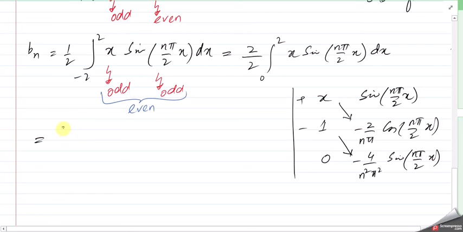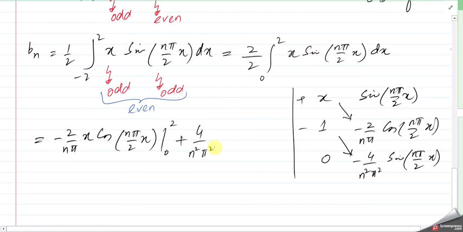So this is equal to, I'll write two terms separately, minus 2 over n pi, this is n pi x cos, 0 to 2, and the second one is plus 4 over n square pi square sine of n pi by 2 x, 0 to 2.